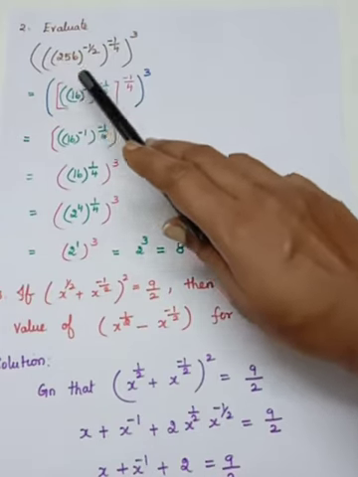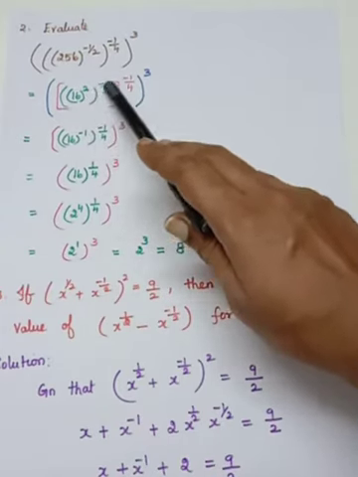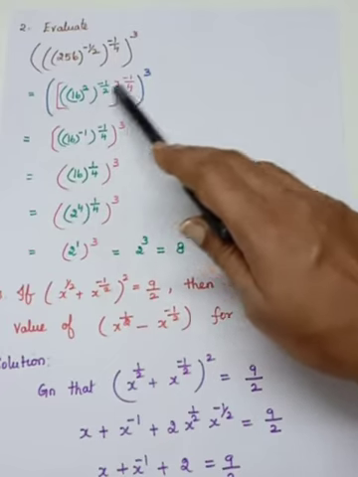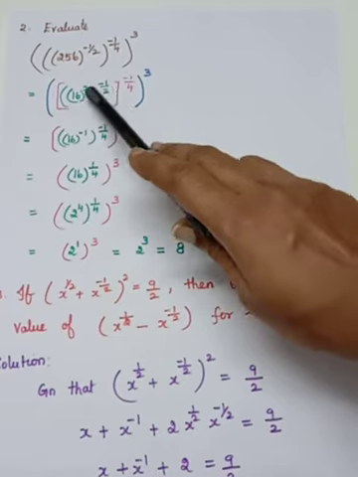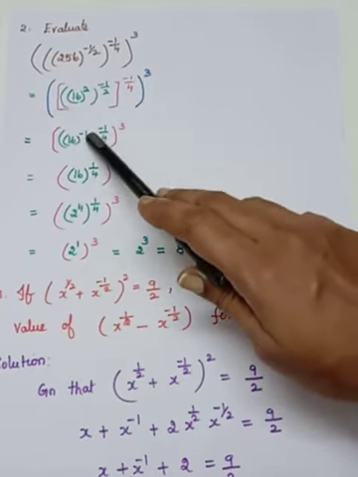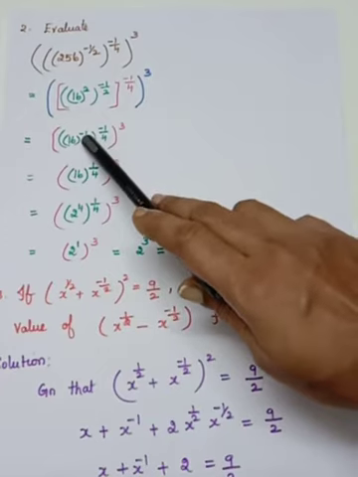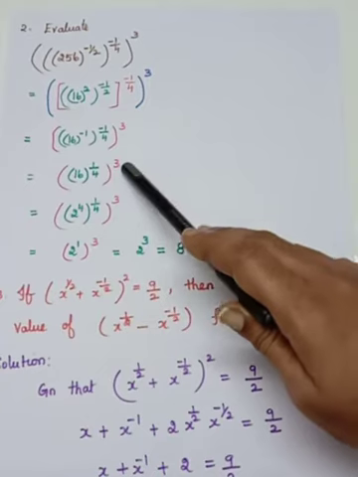So the 256 can be written as 16 squared the whole to the power minus 1 by 2 the whole to the power minus 1 by 4 into 3. When you multiply these two powers, the 2 and this 2 get cancelled, 16 to the power minus 1. Minus 1 into minus 1 by 4 is plus 1 by 4, the whole to the power 3.